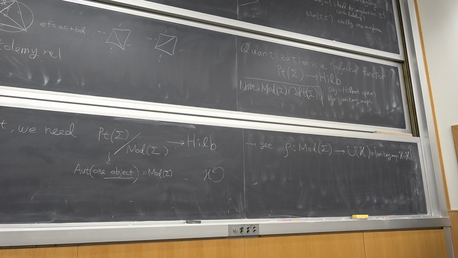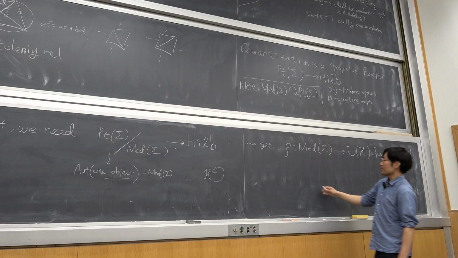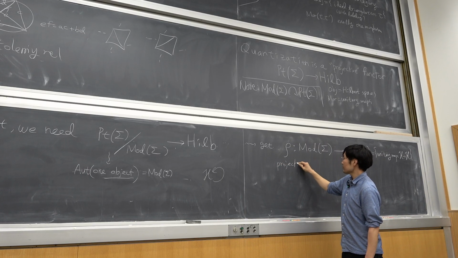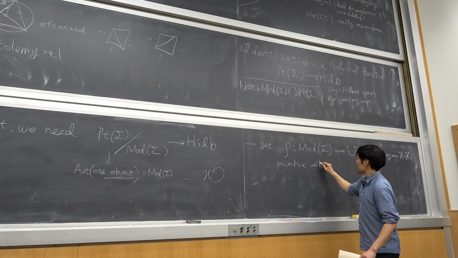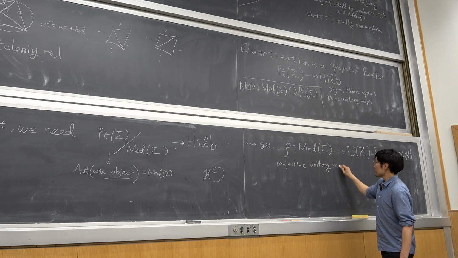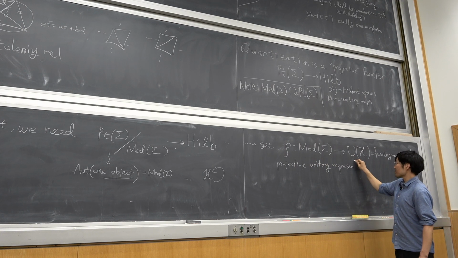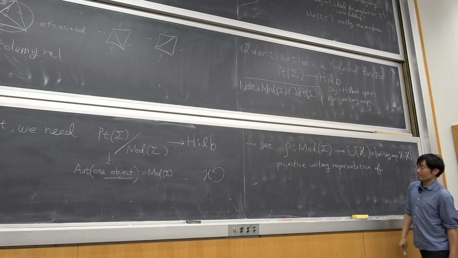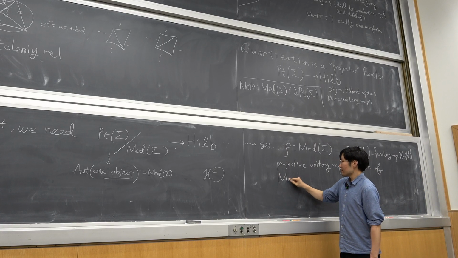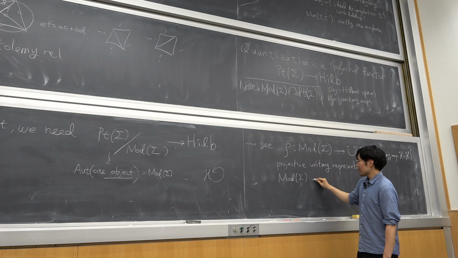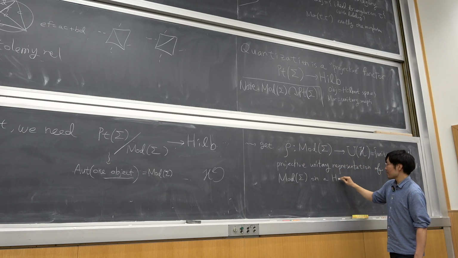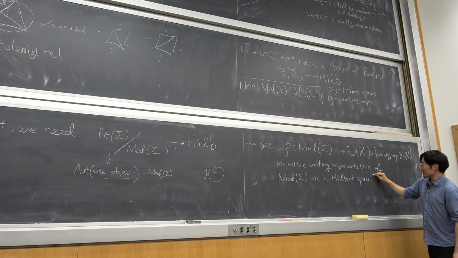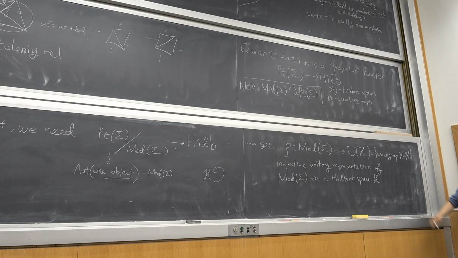So this is unitary and this is projective: a projective unitary representation of the mapping class group on some Hilbert space. That's what you would get if everything works.